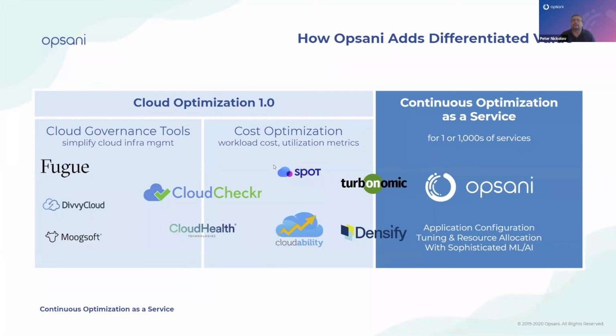What continuous optimization does differently is, first, it's continuous. It just happens all the time. There's no phases. It runs every day, every hour. The second important thing is it's autonomous. When it needs to make a change, when there is a better way to run this application, continuous optimization applies it autonomously.